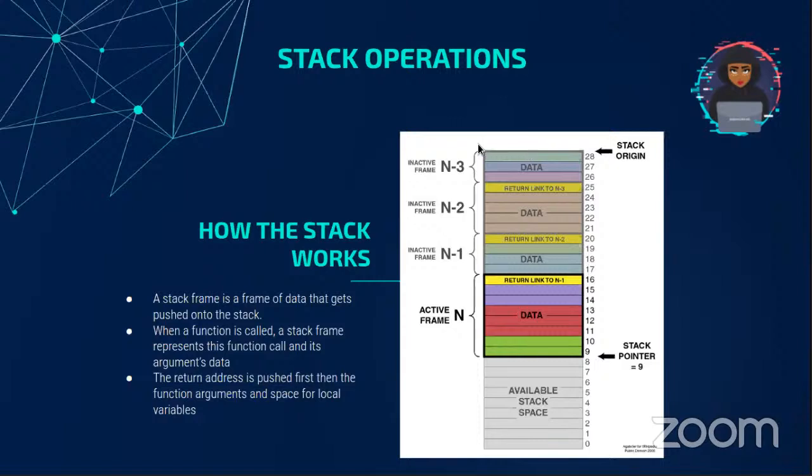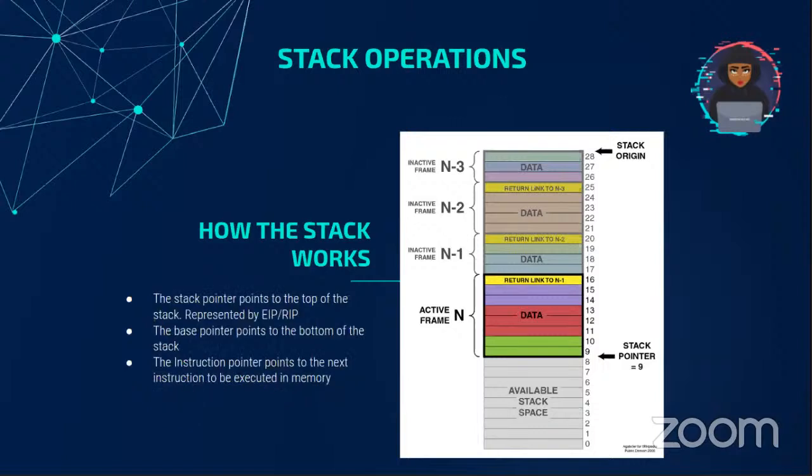And this single part is what we call a stack frame, as you can see in that diagram. The return address is basically where the stack will return the control flow of the program with help from the instruction pointer.